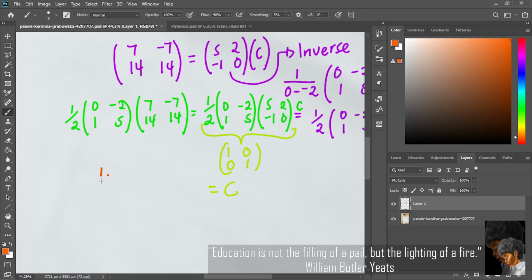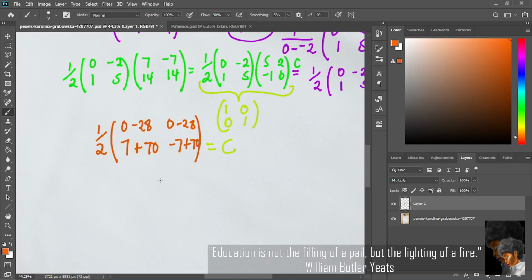It will be a half into, this will be 0 minus 28, then 0 minus 28, then 7 plus 70, and then negative 7 plus 70.